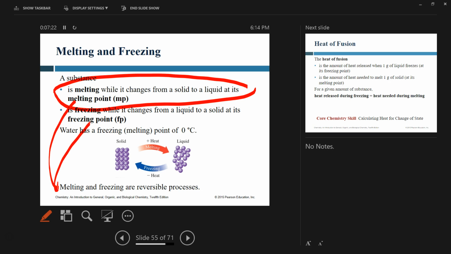It's going to freeze. What's going to happen to the ice at 0 degrees Celsius if you keep heating it up? It's going to melt. Now you have to understand that these processes are reversible. So if you melted something, you can freeze it, and vice versa.